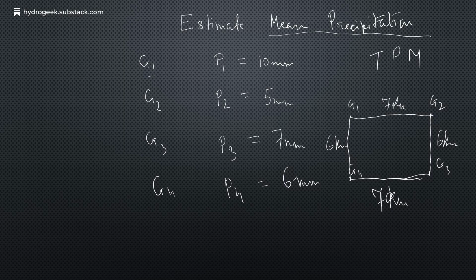So what we do is we take a central point and draw a perpendicular bisector upon each of the interconnected lines. That means from the center point C, we will draw a perpendicular bisector upon the interconnected line G1, G2. Similarly, a perpendicular bisector is drawn upon G2, G3, then G3, G4, then G1, G4.